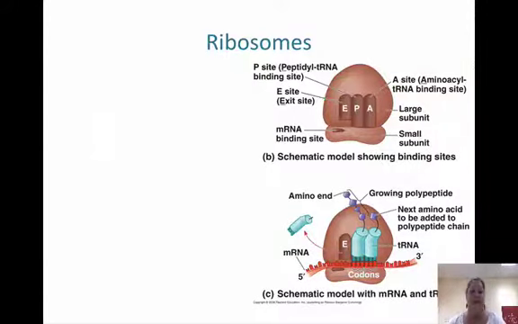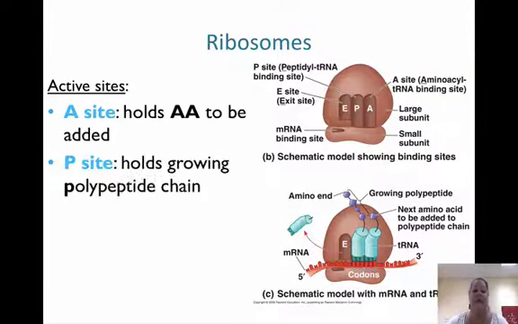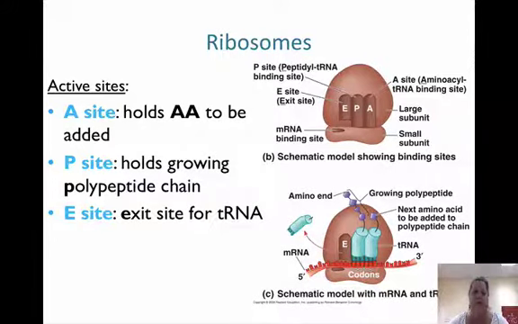Now in the ribosome, there are different active sites. So you have A, P, E. The A part is where it binds and holds the amino acid to be added.